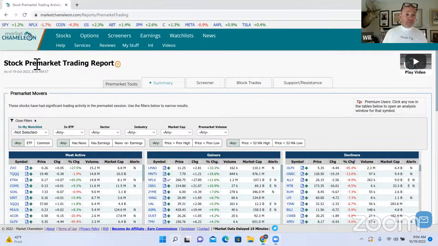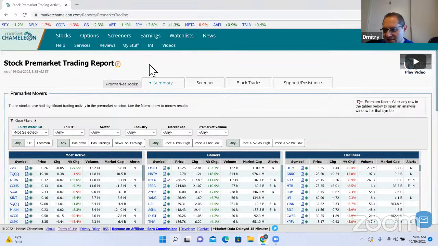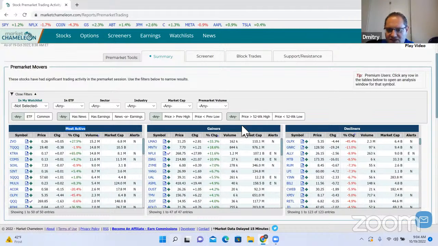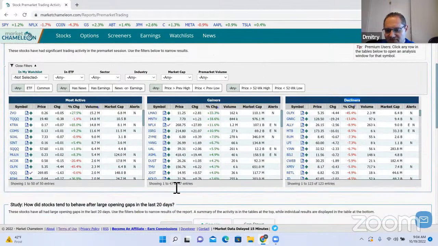So, the pre-market report, and right now we're looking at stocks that are trading in pre-market hours. We have the most active stocks, biggest percentage gainers, biggest percentage decliners. Coming down here, I see 47 stocks made our percentage gainers list, 123 on the percentage decliners.